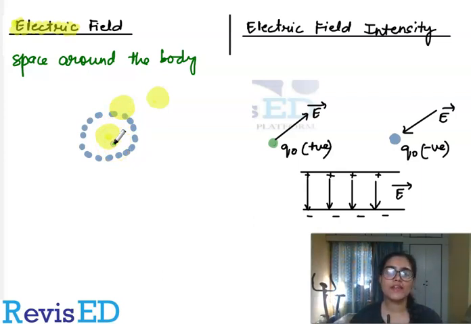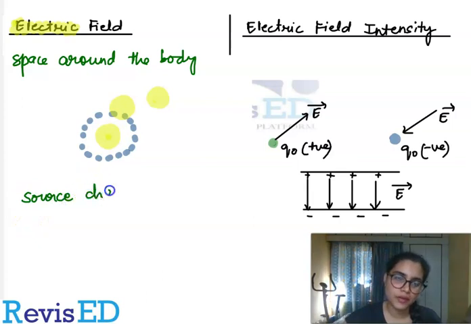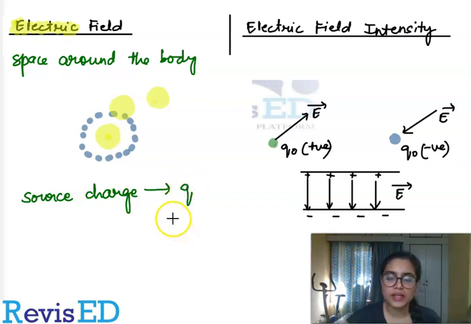To know the concept of electric field, we should know about something very important: the charge which produces the electric field is known as the source charge. So always remember there is something known as source charge, that is represented by Q, right? And there is something known as test charge. Test charge is the one where the electric field is actually felt.